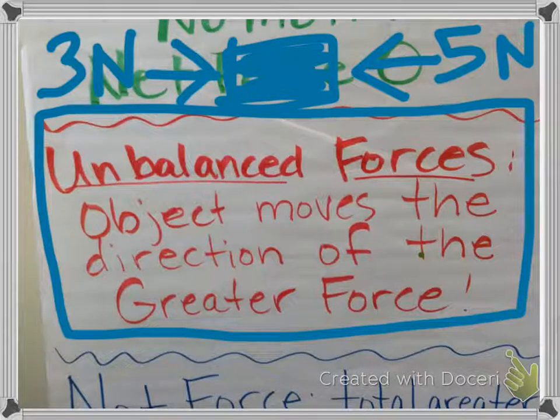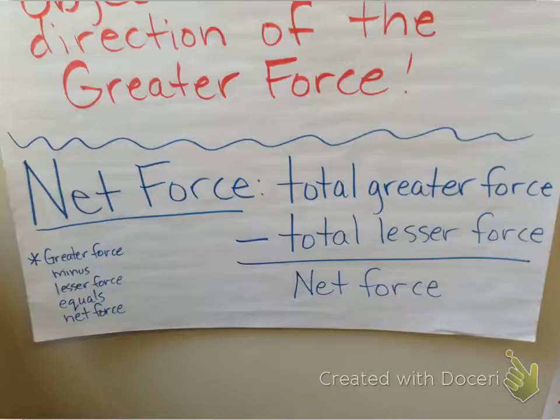Well, there's a greater force pushing it to the left, and so it will move to the left. It will go in the direction of the greater force, and 5 is the greater force here. Now, what will the net force be? Well, we're going to talk about that next.